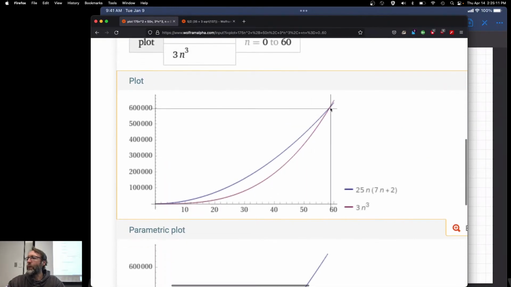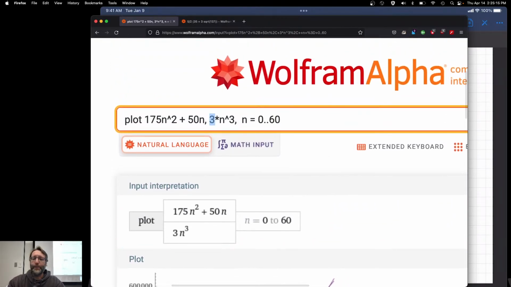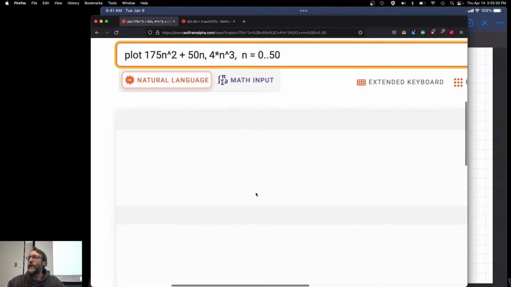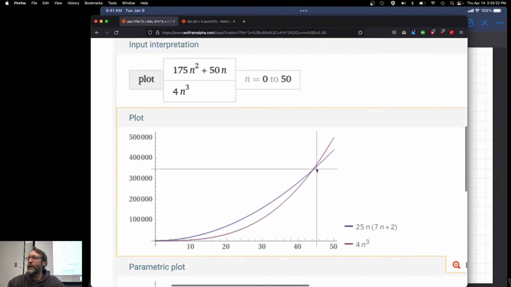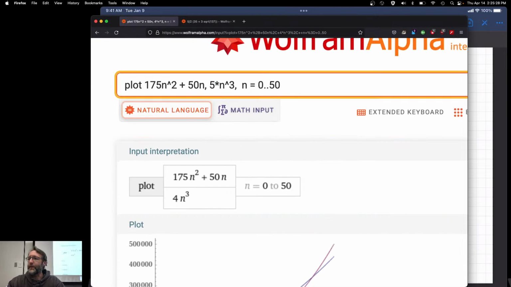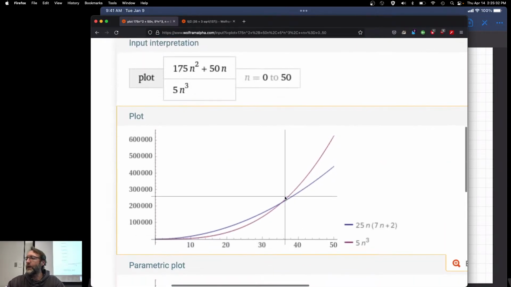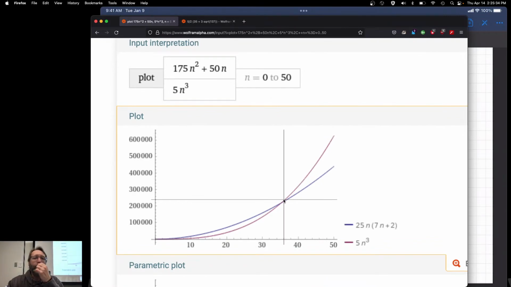Okay, there we go. There's the crossover point. What if I went up to 4 times as big, and then I'll zoom in on 50? There, I moved it over. It's now somewhere between 40 and 50. What if I increased it again to 5? Now it's between 30 and 40. I just have to keep doing this until I find a C that works.